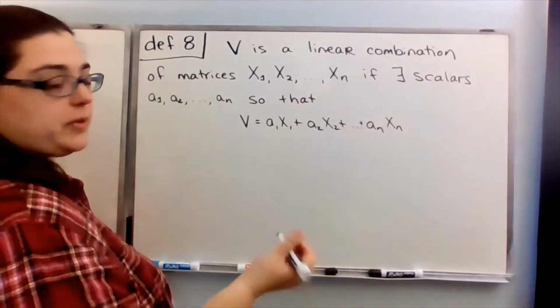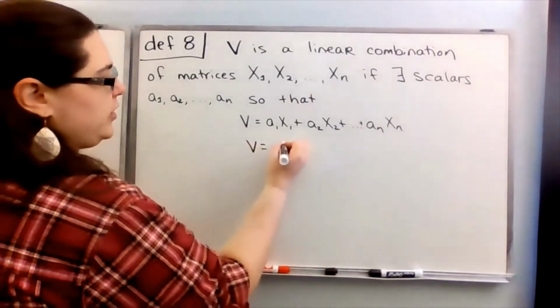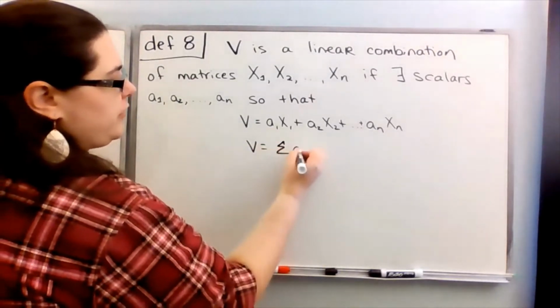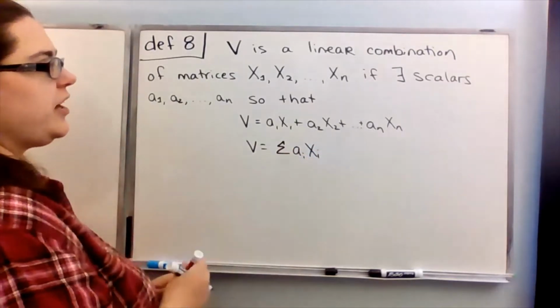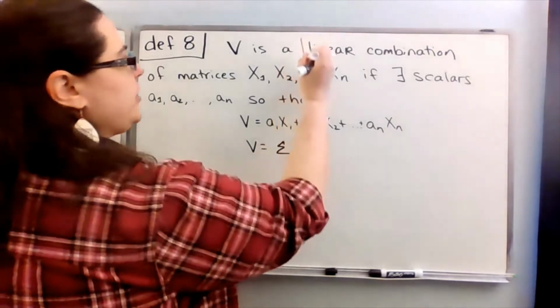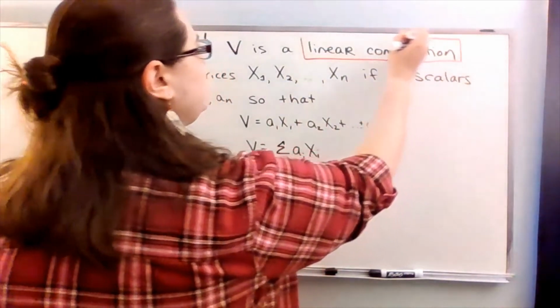Or if you prefer summation notation, V is the sum of ai xi. And here we've defined what it means to be a linear combination.